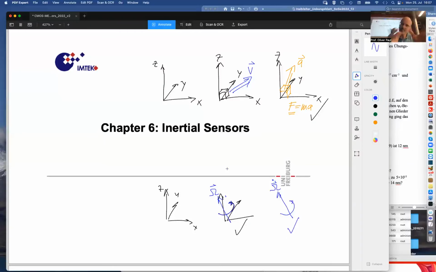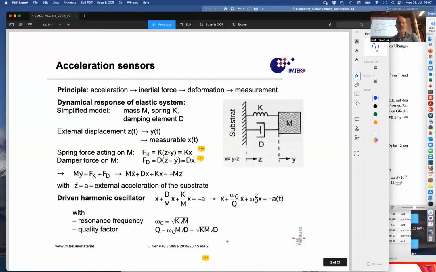So this chapter is about measuring accelerations and measuring these rotational angles. I'll first start with the acceleration sensors. All these sensors able to detect those detectable motions of coordinate systems are called inertial sensors.